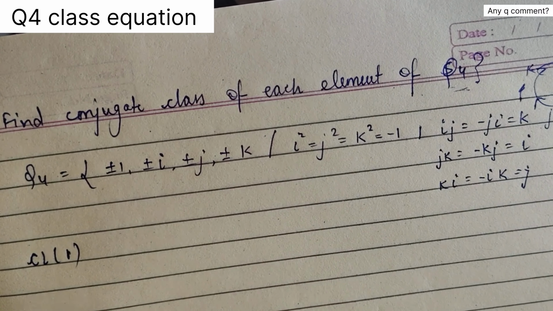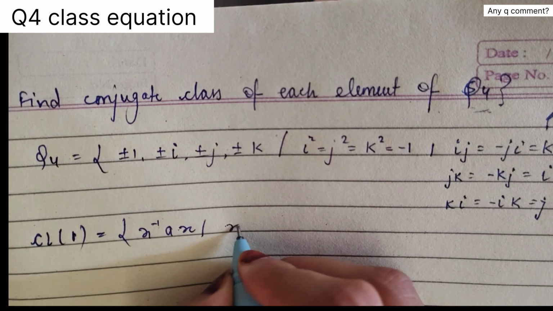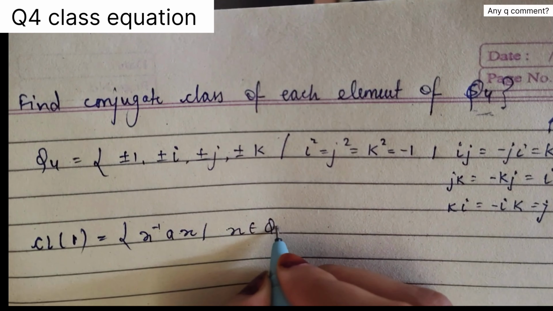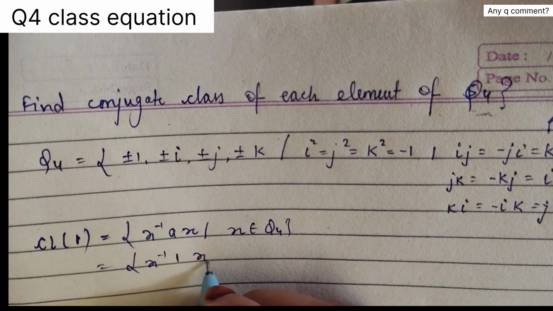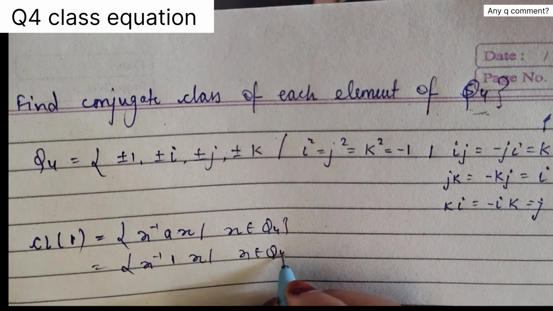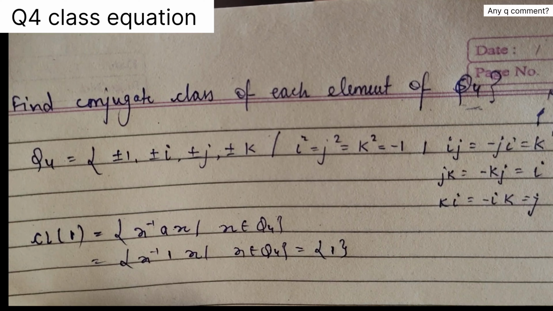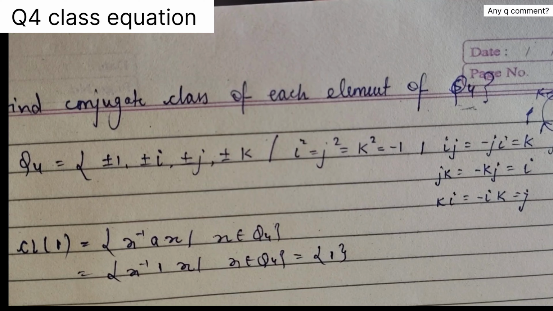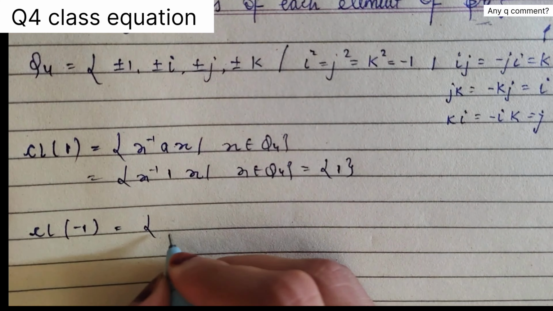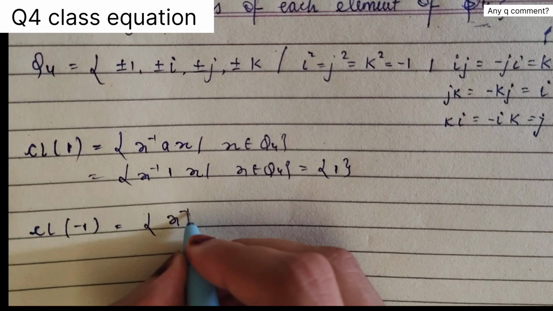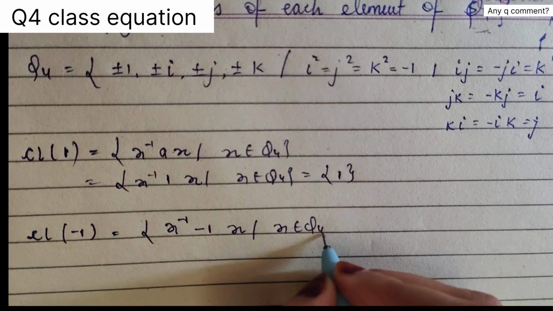Class of 1 consists of x inverse Ax for x belonging to Q4. So we know that x inverse into 1 into x for x belonging to Q4 will be equal to 1 only. Similarly for minus 1, the class of minus 1 will consist of x inverse (minus 1) x for x belonging to Q4.